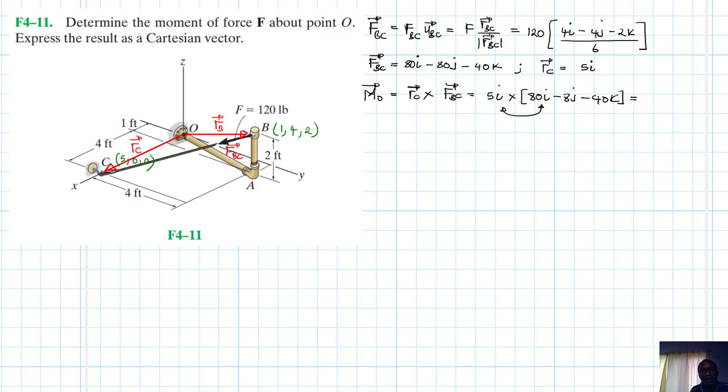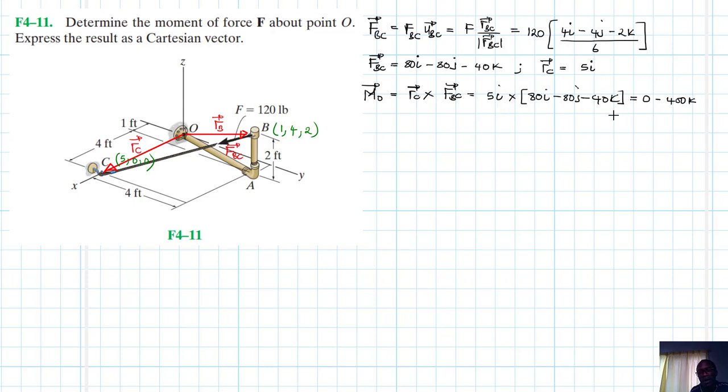Then i cross j, with the minus there: this is 80 here, so 5 by 80 is 400k.